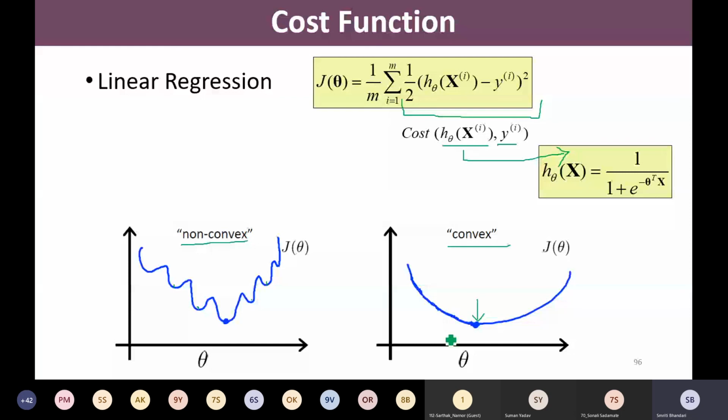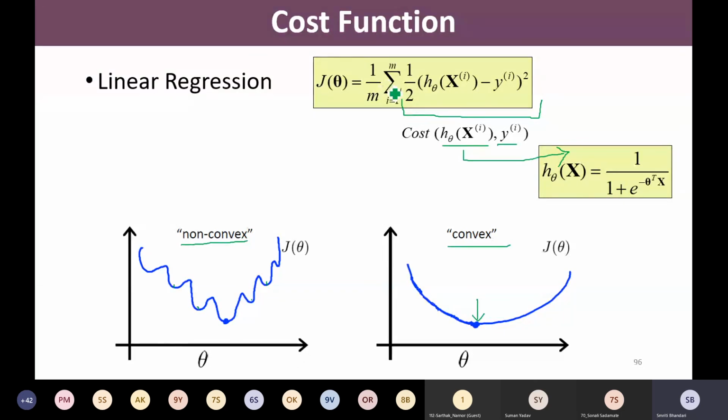And by application of gradient descent, it was possible for us to come up with the global minima.